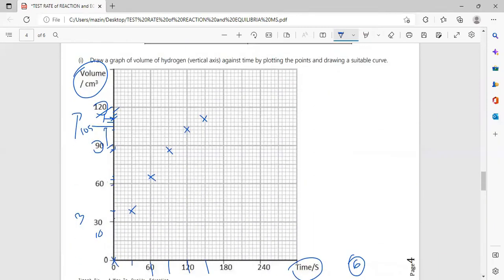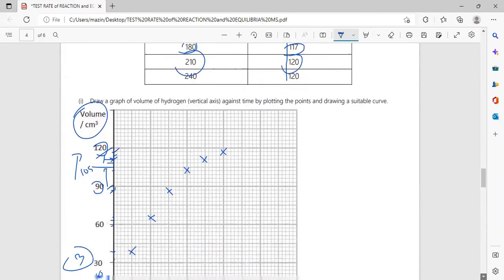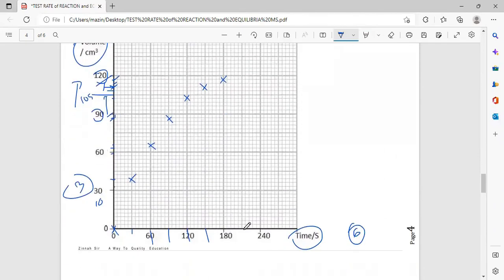Where is 180? 117. One just below this, because it's 120 and subtract 3. Every point is 3. So just here is the reading. Then 210 and 120. 210 should be here at the middle, right? 210, yes.